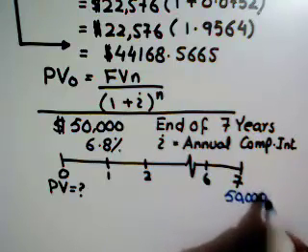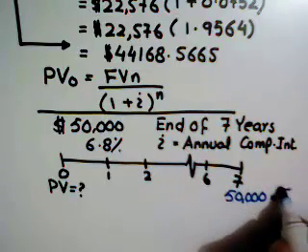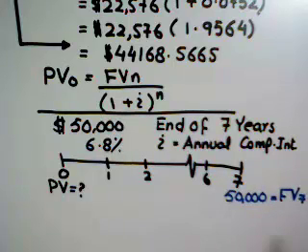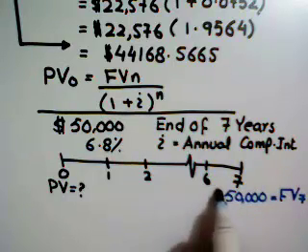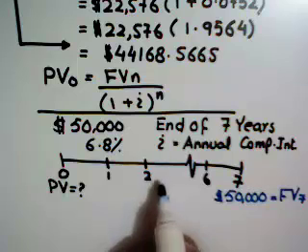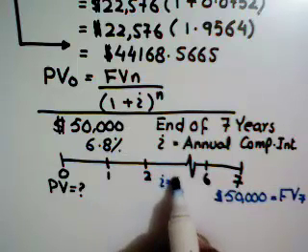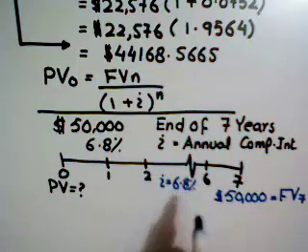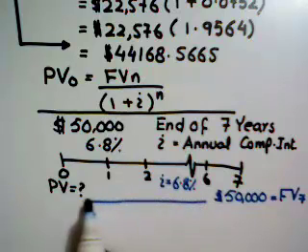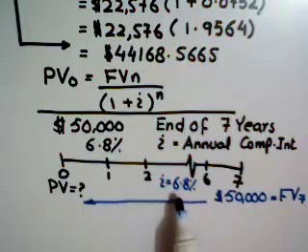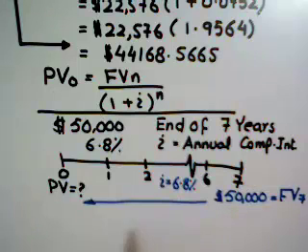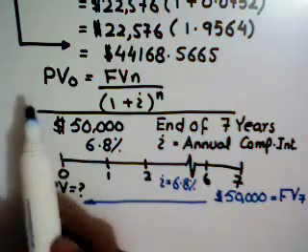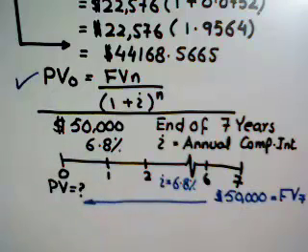This is the future value at the end of 7th year. If the annual compound interest rate is 6.8%, how much money do I need today to deposit in a bank account so that it becomes 50,000 at the end of 7th year? Now let's apply the formula of present value.